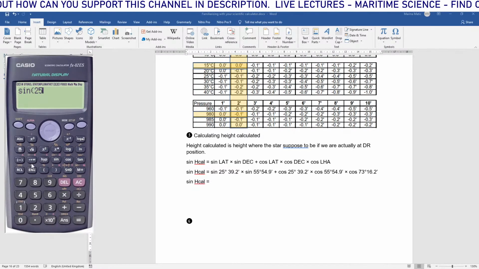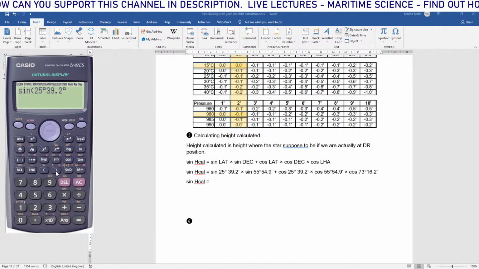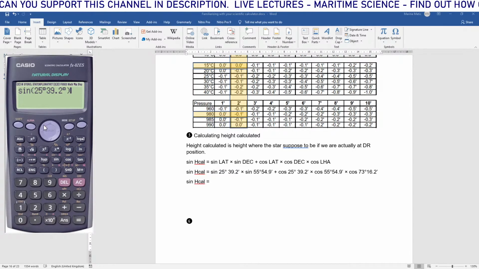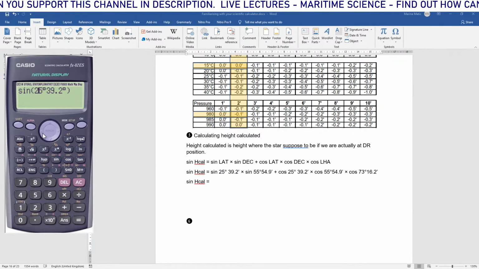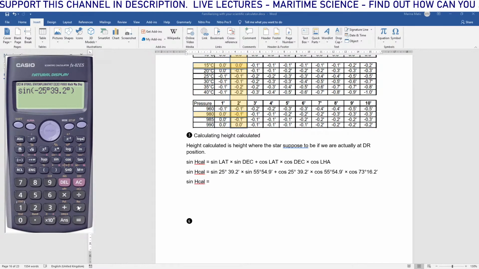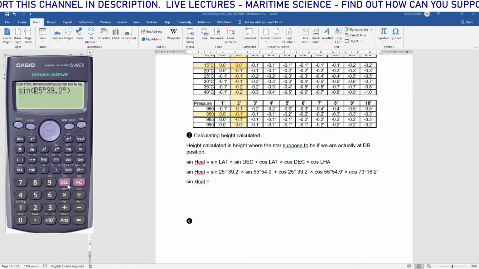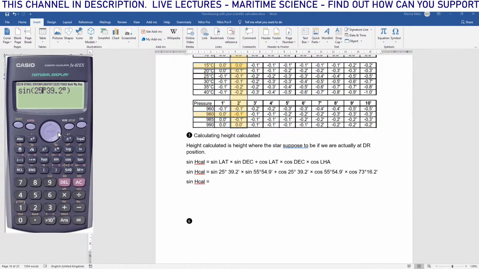So sine of 25 degrees 39.2 minutes, and close the bracket. Now if the value of latitude was south, this is where I put the negative sign, inside the bracket. But because it's north, I keep it positive.